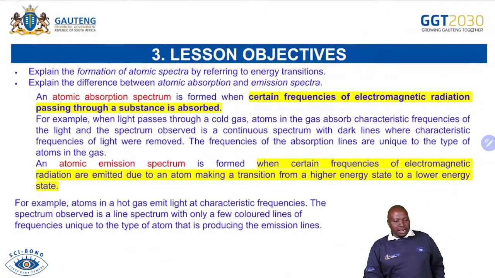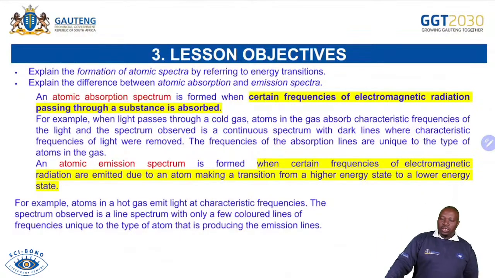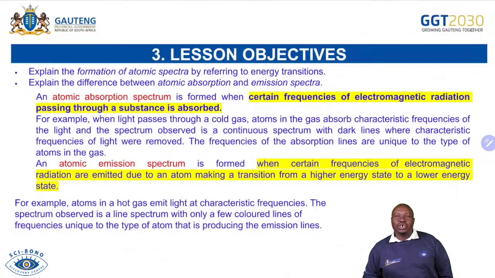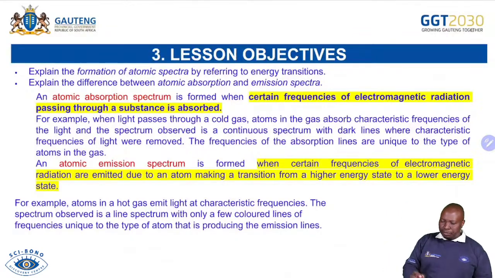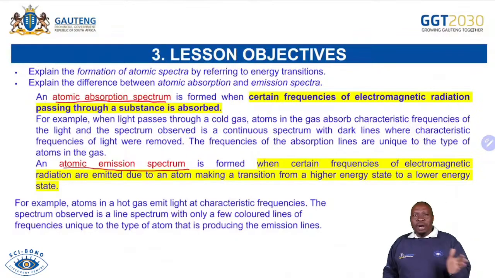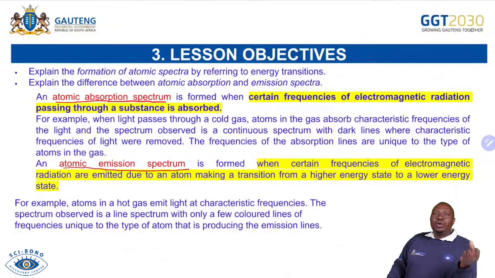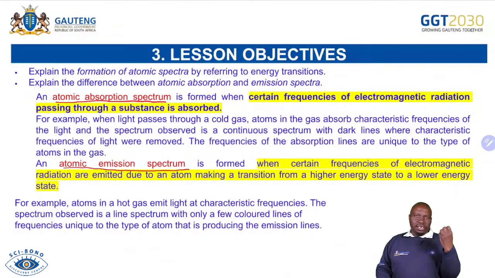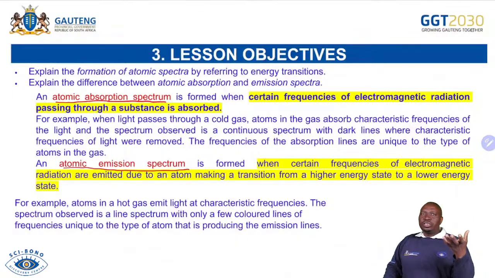And then it is important as well to talk about the atomic absorption spectrum and the atomic emission spectrum. You have done so much in terms of absorption of energy: in endothermic reactions, you said energy is absorbed, and in exothermic reactions, you said energy is released.